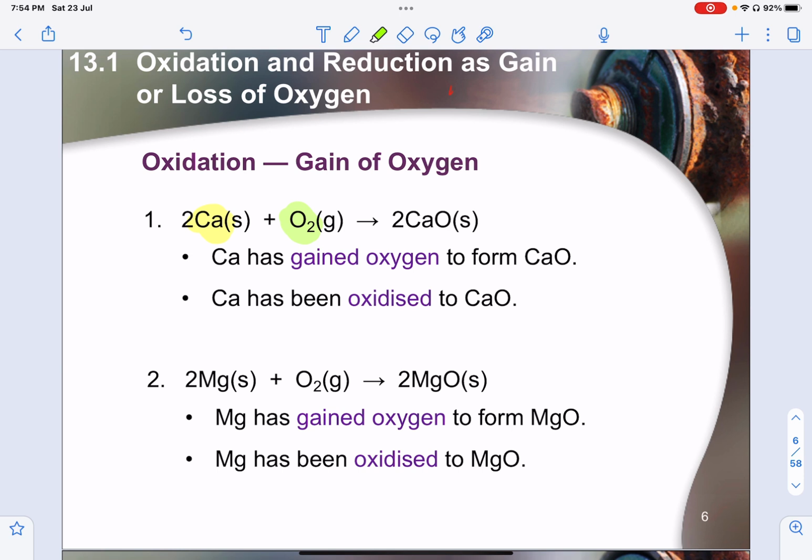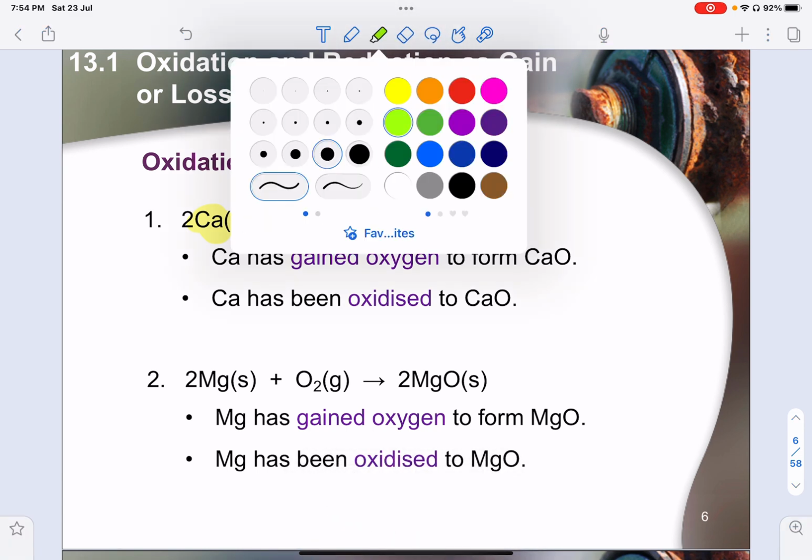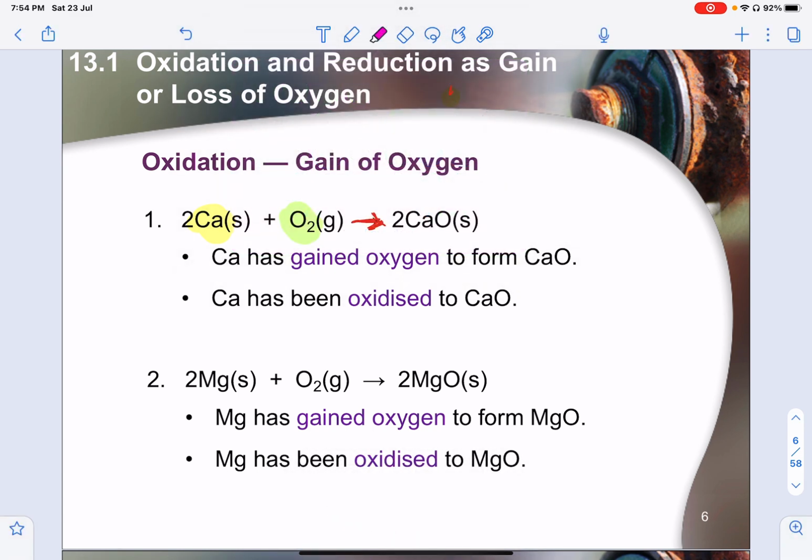Only after the reaction, which is signified by the arrow sign, we could see that the calcium has gained the oxygen atom, and in this case we would say that calcium has been oxidized to calcium oxide.